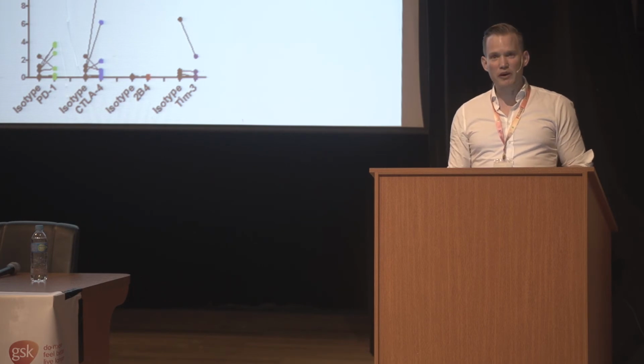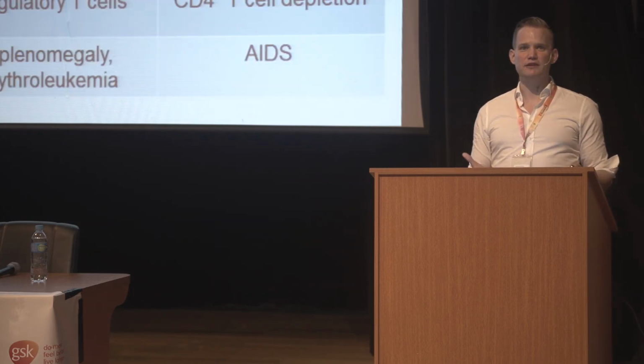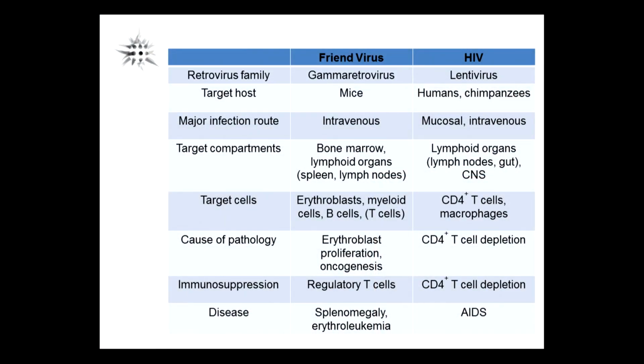At our university, there's a very well-established Friend virus model, which I didn't know much about before, but it's basically a model that has been used to study HIV infection. So it's kind of a model like the LCMV model, but not as much used as LCMV.